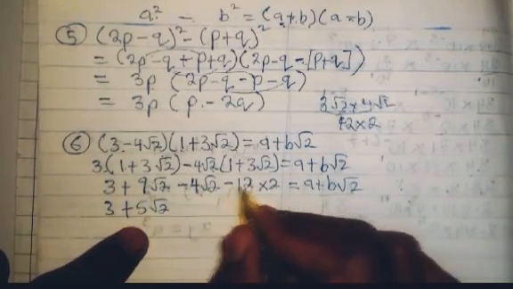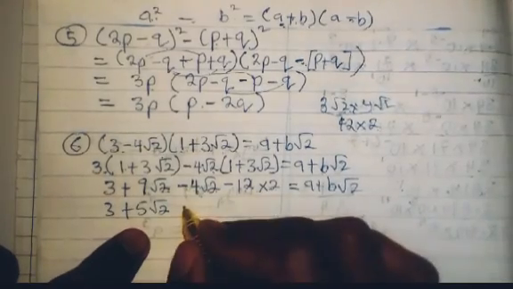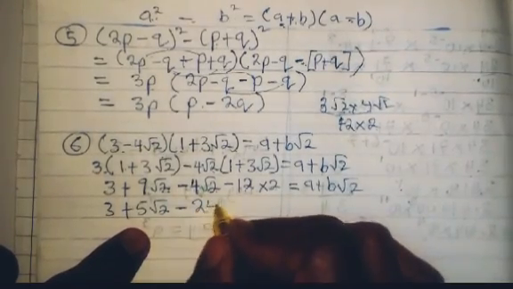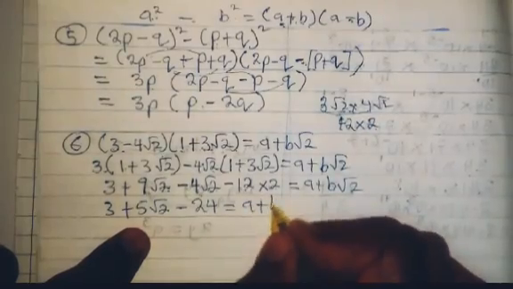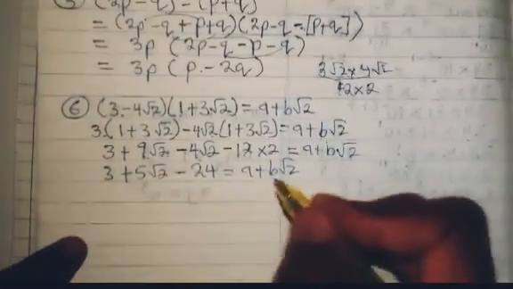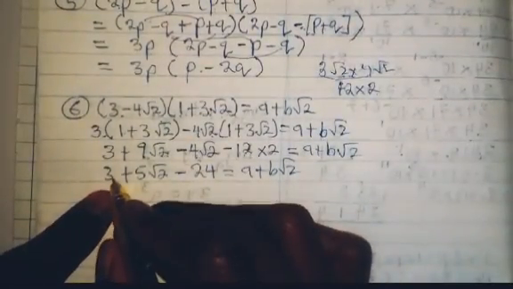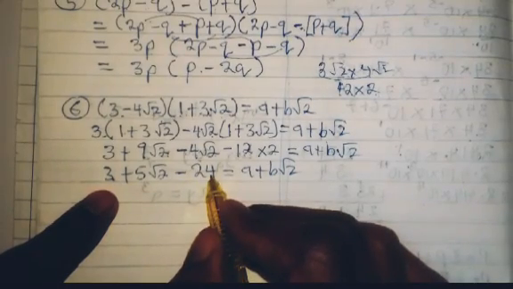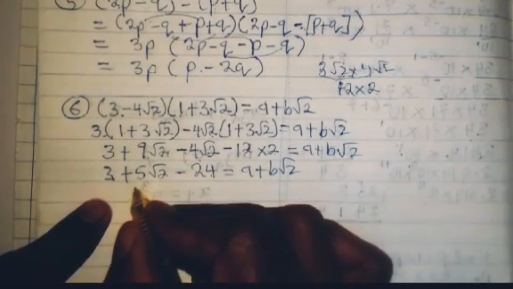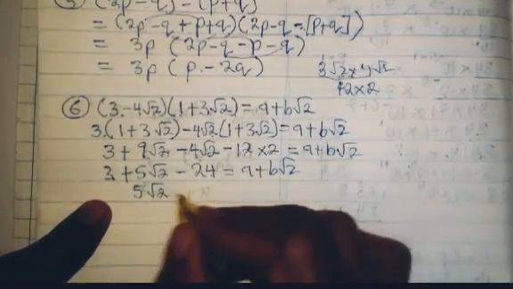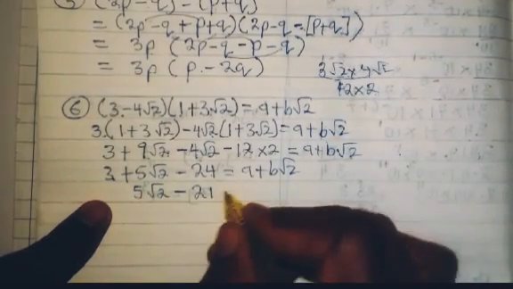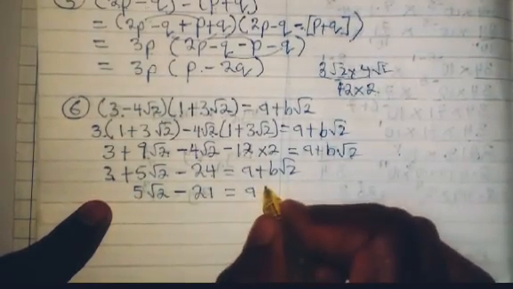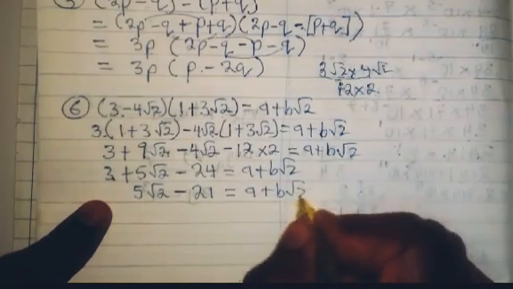Then minus 12 times 2 will give us minus 24. Then everything equals a plus b root 2. So in this case, we have to simplify the 3 and the minus 24. If you do so, you have 5 root 2, and 3 minus 24 is minus 21, then equals a plus b root 2.